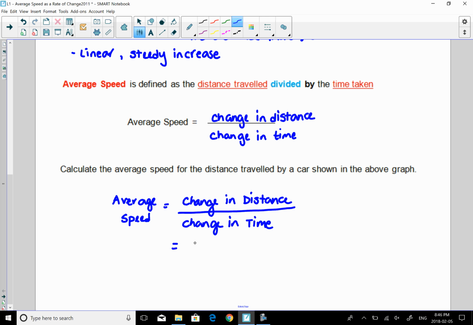So we got 75 kilometers divided by 1 hour. So we get 75 kilometers per hour.